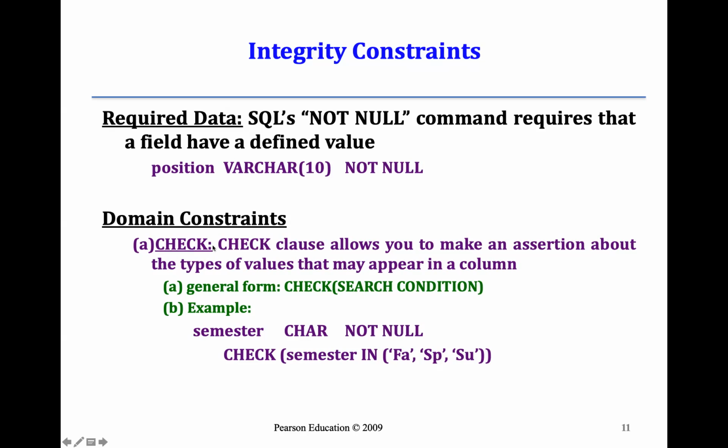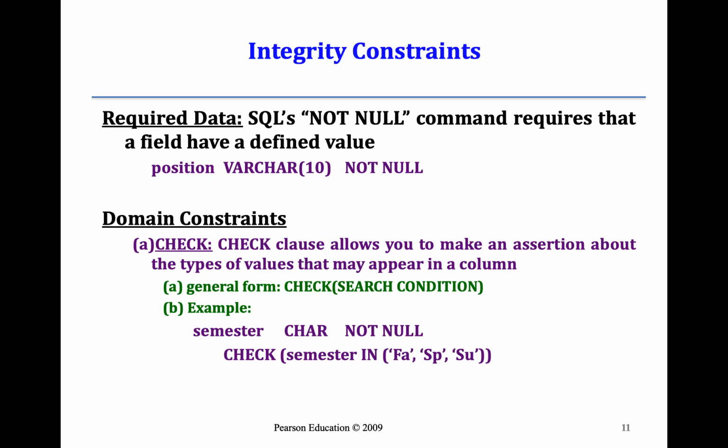Then domain constraints allow you to restrict the values that can be used from a domain. A few slides back, I showed you all the different types you're allowed to choose from, but sometimes you want to restrict the values that can be chosen from that particular domain.